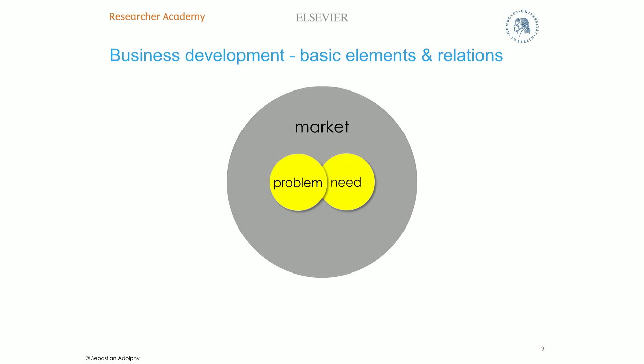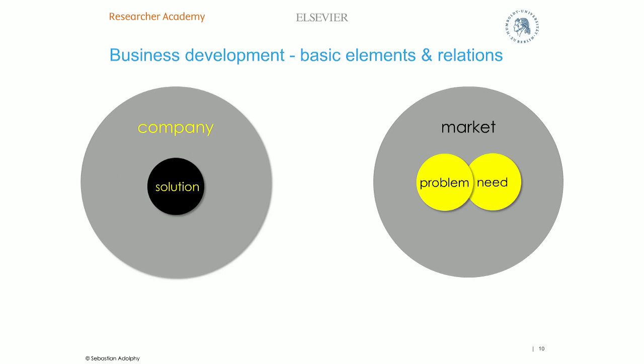The next element which adds to your business model would be your company: understanding your company, building your company, and finding a solution for the problem or the need of the customer. Finding solutions is not really the difficult part.